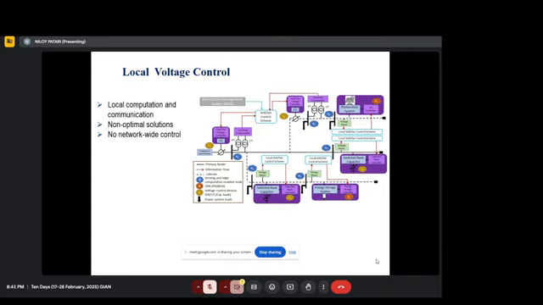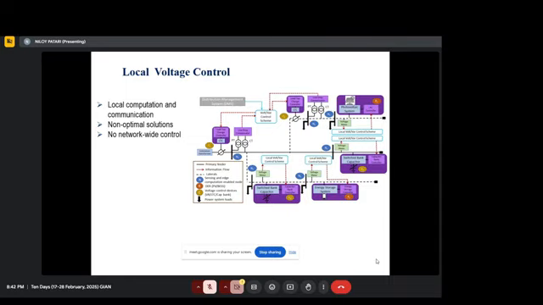So the problem with local voltage control is that the approach is local. It is easy to execute, easy to sense, and not much to compute, but you don't know its impact network wide. And the solutions are also non-optimal because it's a rule based approach, right?